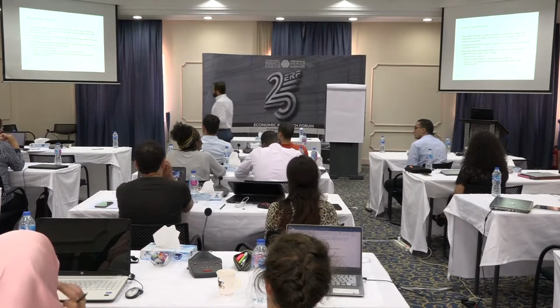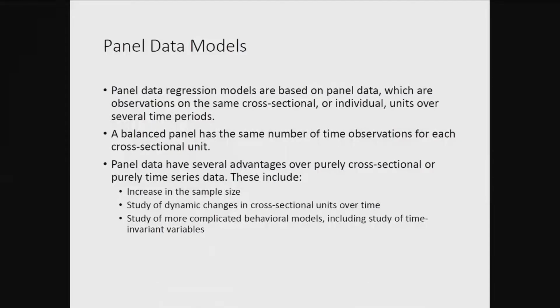And third, we can also study more complicated behavioral models, given that we can account for some time-invariant variables that are not otherwise taken into consideration. As I mentioned, how am I going to measure the IQ of a person? I can use the IQ index, but it's not really accurate, because I cannot say that the IQ of Dalia, for instance, summarizes all her capabilities.